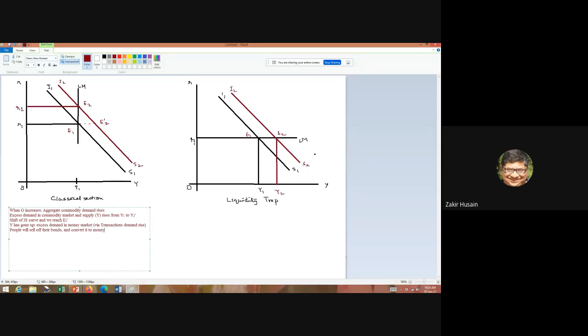So the wealth is now held in the form of money. If people start selling off bonds, the price of bonds will fall or will rise, right? And ultimately the money market equilibrium is attained.